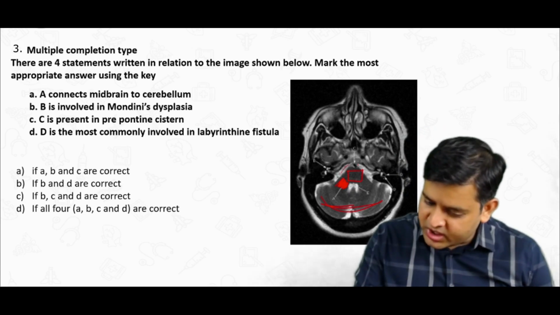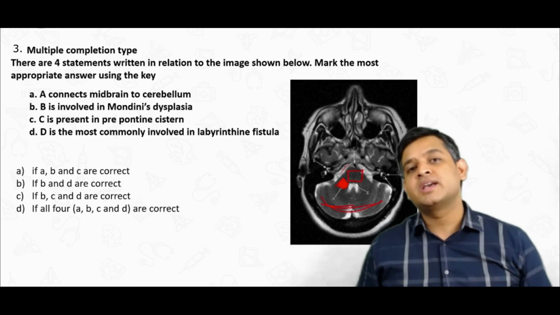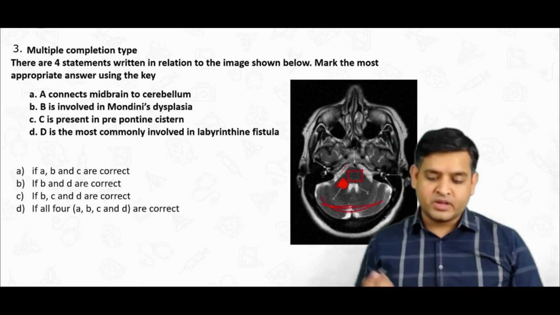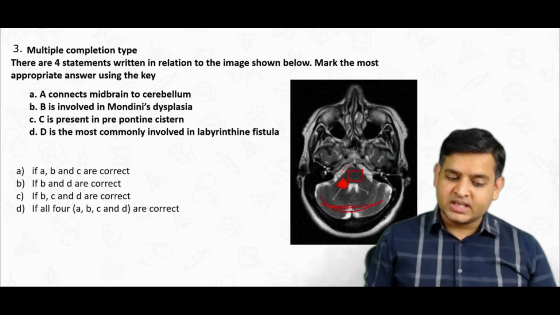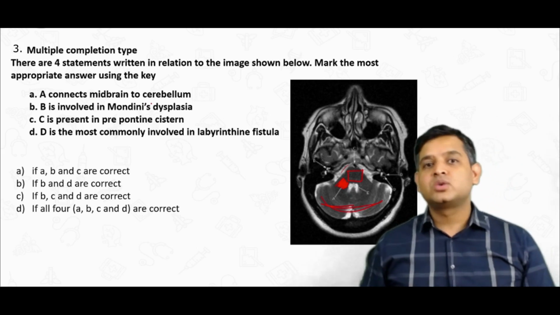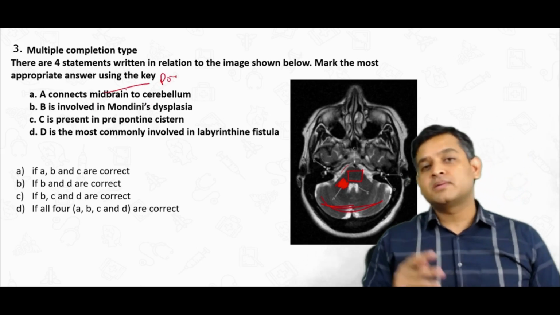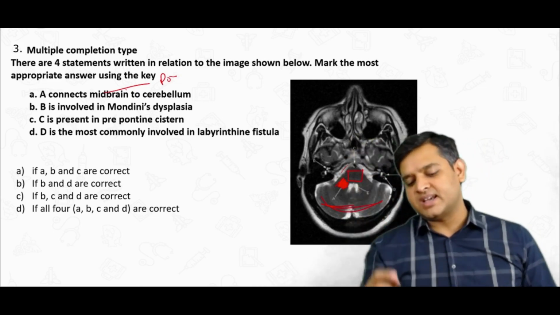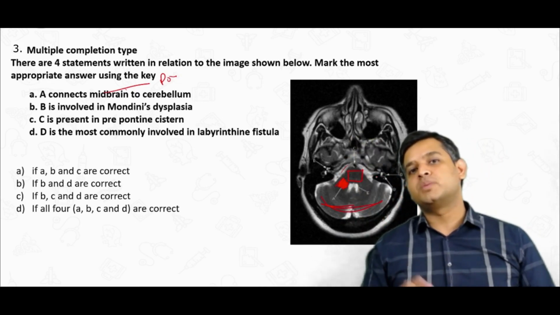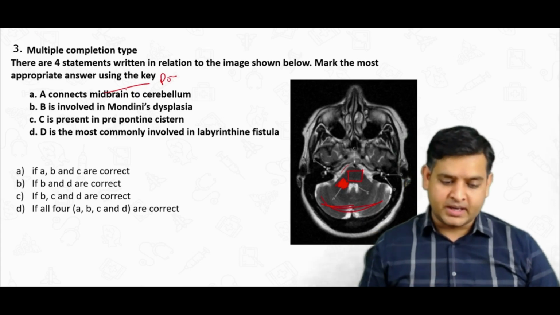And this white structure just anterior to the pons is the prepontine cistern. Now let's see the statements. A connects midbrain to cerebellum? No, A connects pons to cerebellum. The superior cerebellar peduncle is very thin. This thick peduncle has to be the middle cerebellar peduncle.